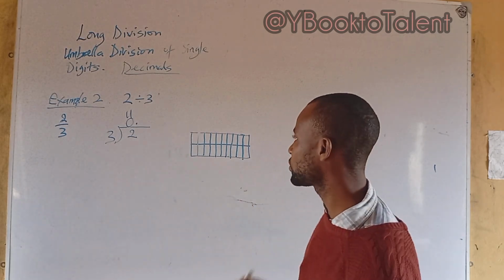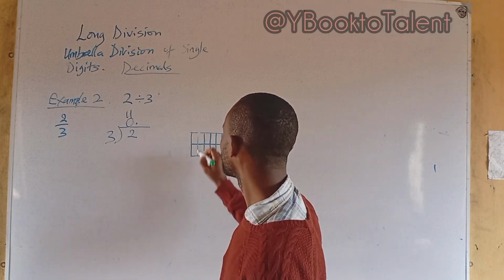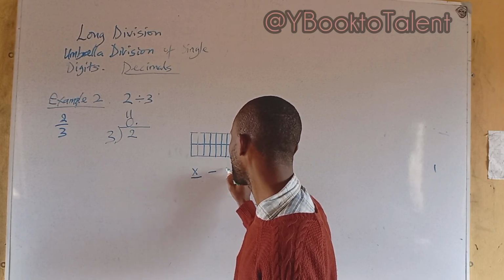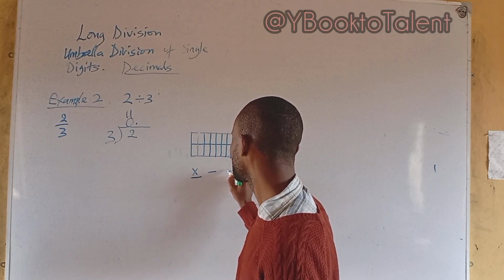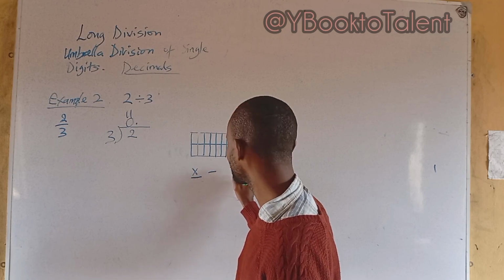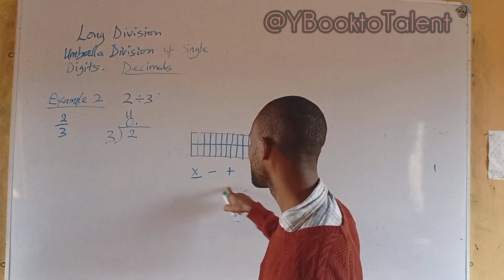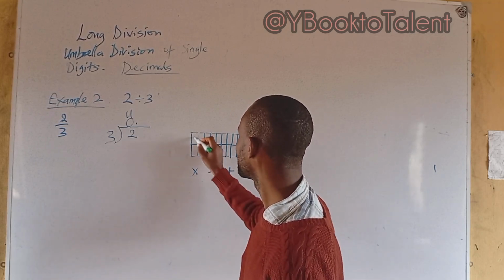So since it's 3, let's use star, dash, and what should we use? Cross, right? To represent 3 groups. Okay?